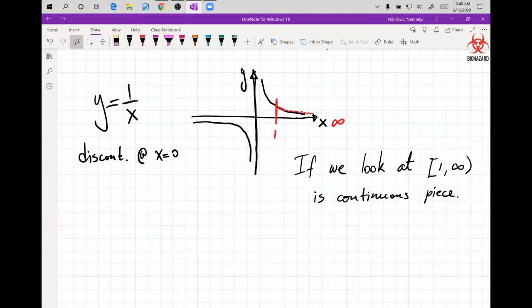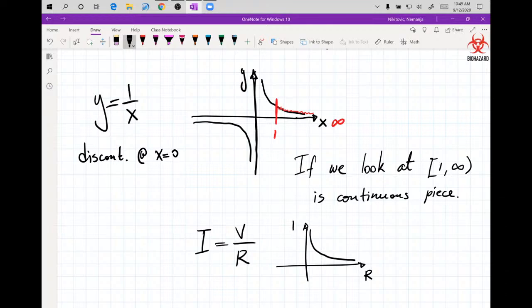because this is the graph that governs Ohm's law, right? And Ohm's law says that the current is equal to the voltage over resistance. And the graph for that would be like that, where this is your resistance and this is your current.